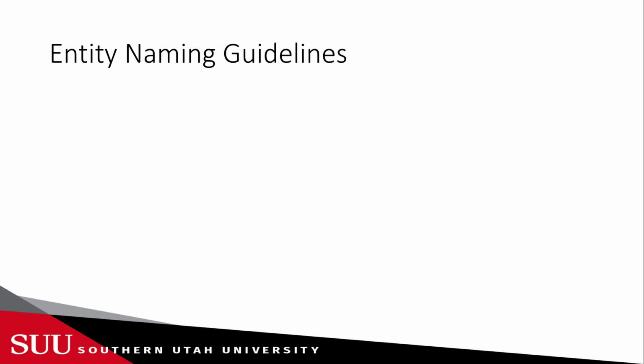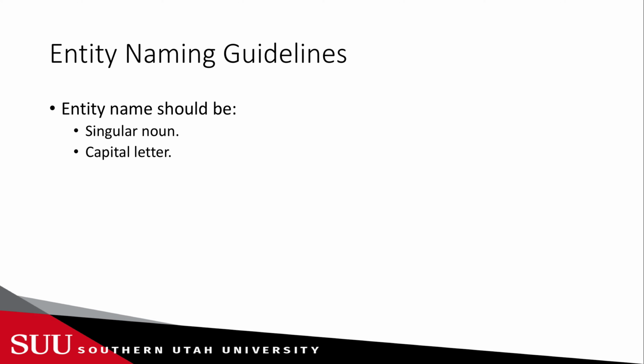Now, for the naming guidelines for the entities, we have some guidelines. The entity name should be a singular noun. We use capital letters for those entity names. And we want to make it clear, so we want to know what the instances might be by just reading the entity name.